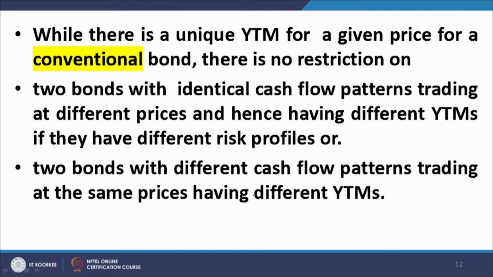Why do I emphasize this again? Because information on the riskiness of a bond is part of market information that traders and investors make use of when they enter into an investment decision.